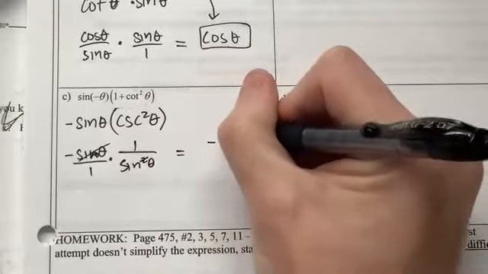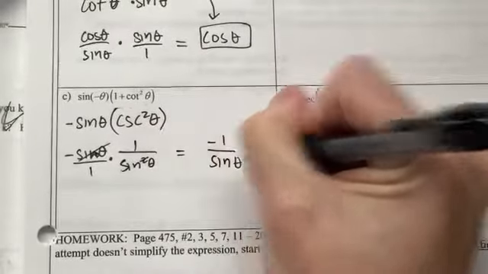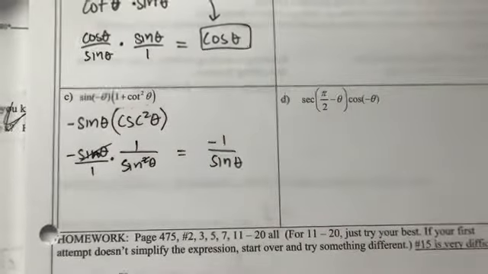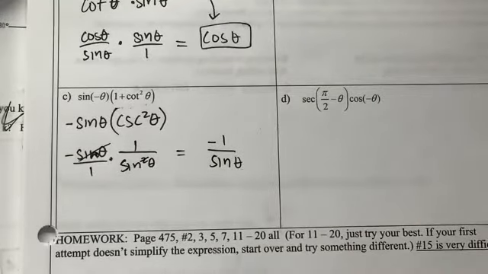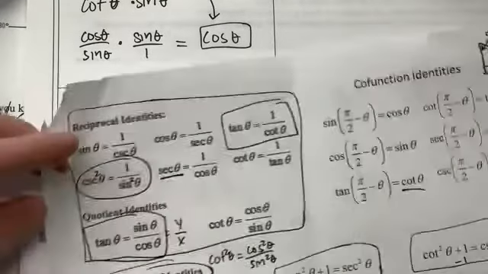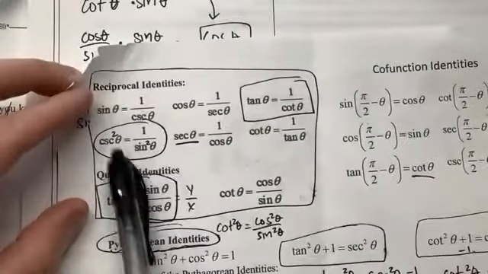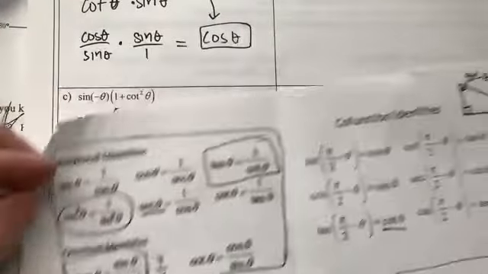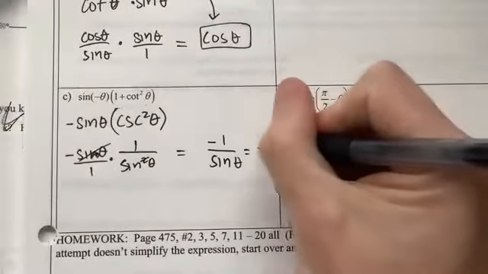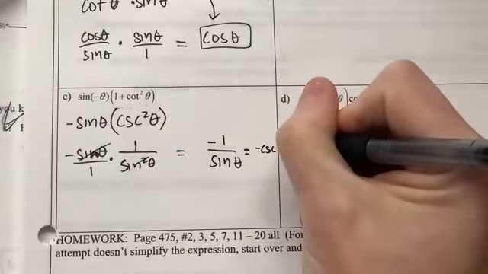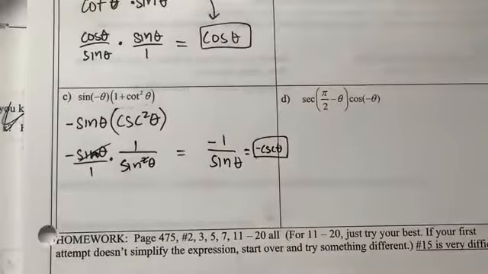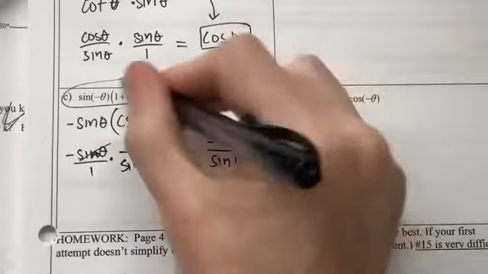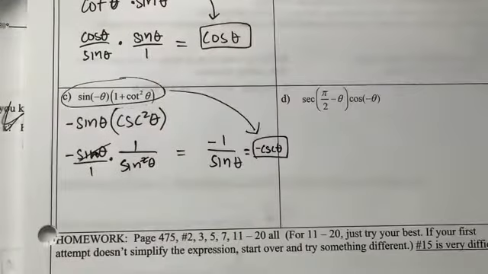So this could be like negative 1 over the sine. And then 1 over sine, it's always good to not write things as fractions if you don't have to. 1 over sine is the same as cosecant if you take off the squared. So 1 over sine, this would be like negative cosecant of theta. So all of this right here would just simplify down to that if we did all of those steps.